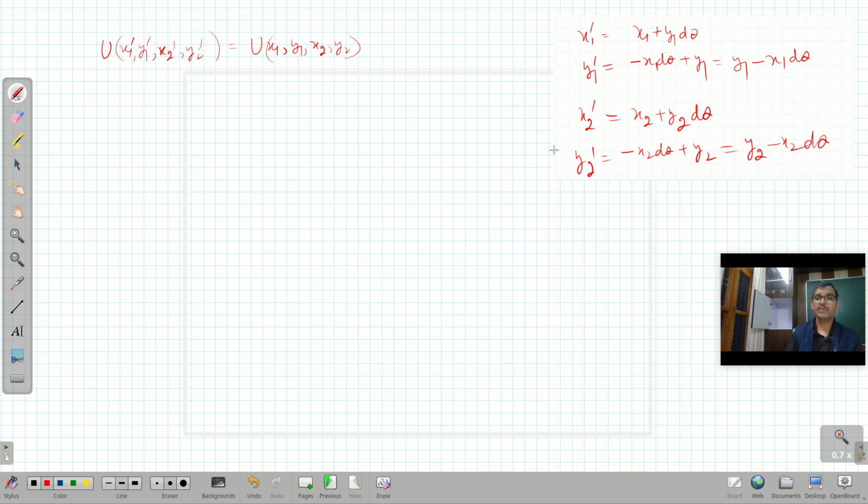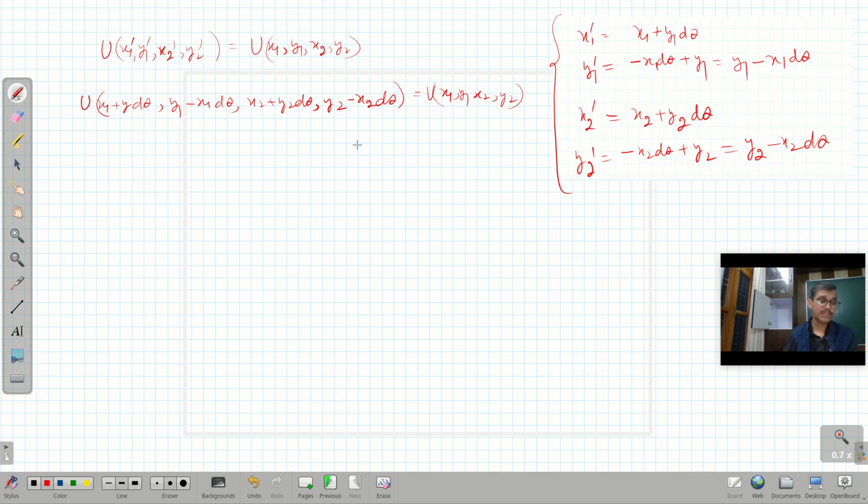But if I put these values from here, then how can this be written? This potential energy can be written as U of x1 plus y1 d theta, comma, y1 minus x1 d theta, comma, x2 plus y2 d theta, comma, y2 minus x2 d theta, is equal to U of x1, y1, x2 and y2.